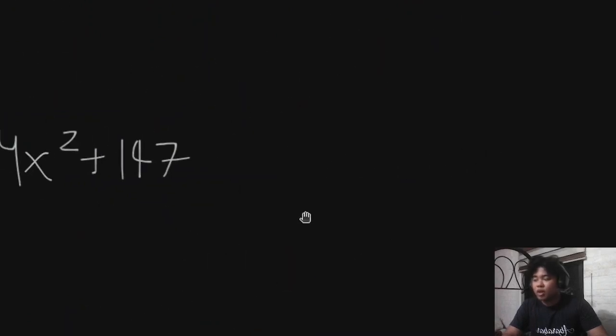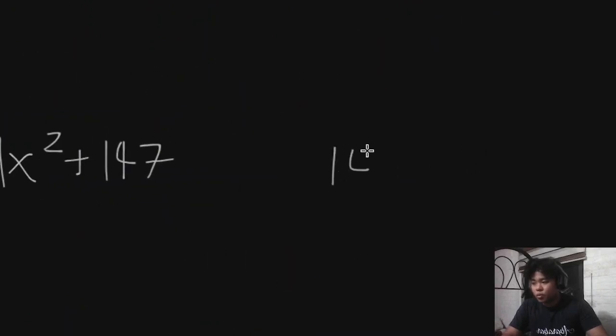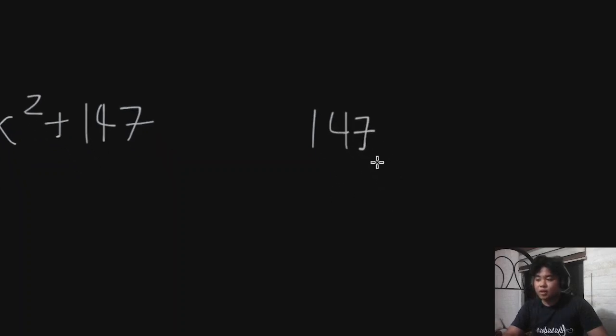So let's break down 147. 147 has a factor of 3. We know this by adding all the digits: 1 plus 4 is 5, plus 7 is 12, and 12 is divisible by 3.